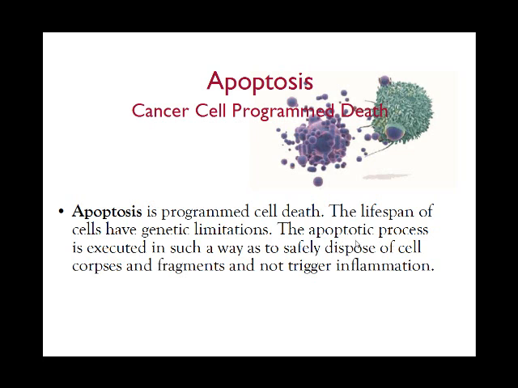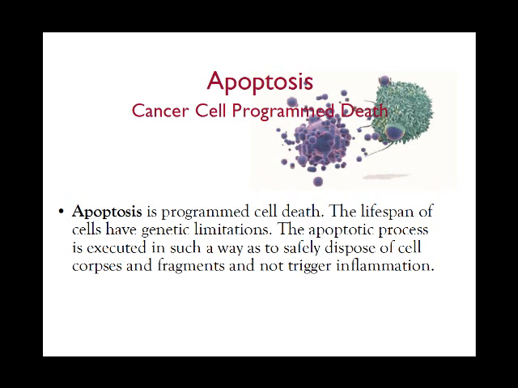The apoptotic process is executed in such a way as to safely dispose of all cell corpses and fragments and not trigger inflammation. This is very important. Not trigger inflammation, what does that mean? If a cancer cell dies, you don't feel any different. You don't even feel any fever. The cancer cell just disappeared from the body, if we can trigger apoptosis.